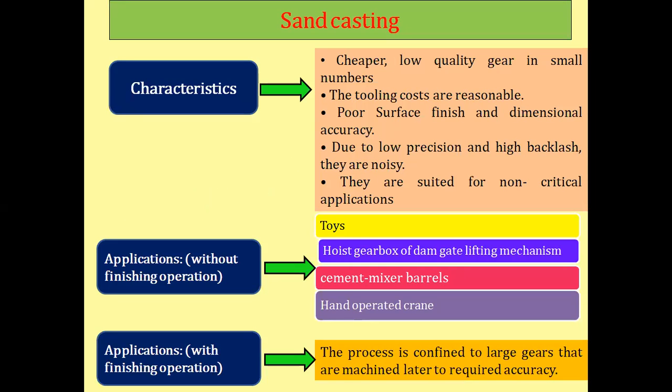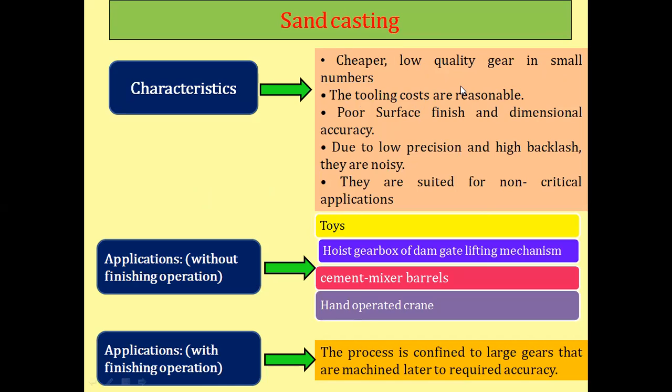The characteristic of sand casting is that it gives cheaper, low quality gears in small numbers. Why is it called a small number? Because at a time you will manufacture only one or two cavities in the mold. So that factor is written here: low quality gear in small numbers.